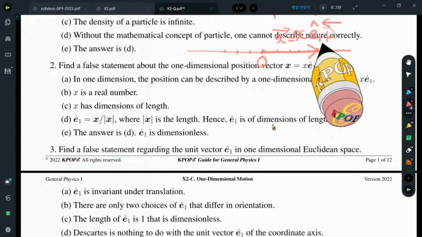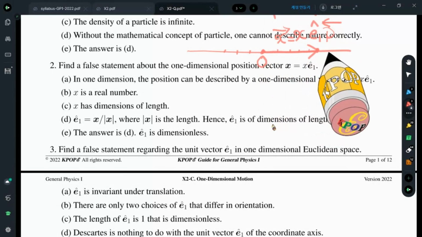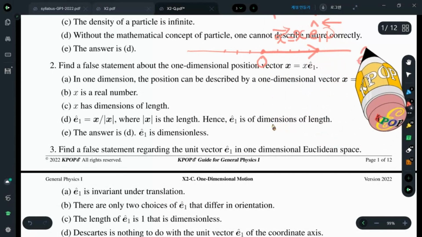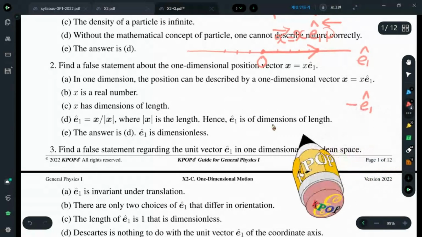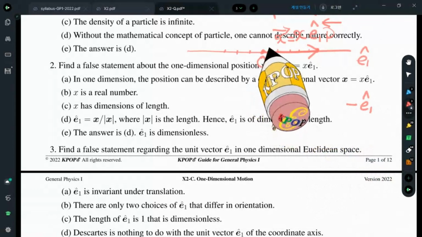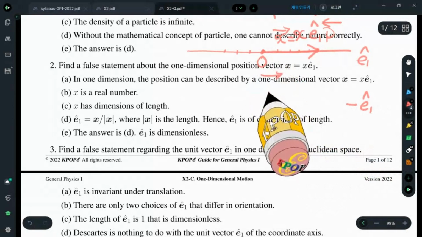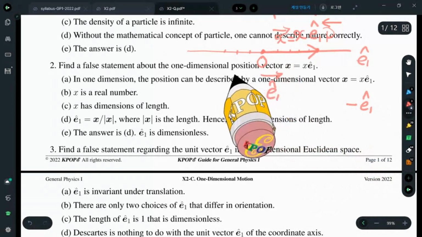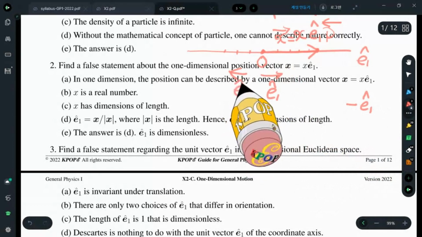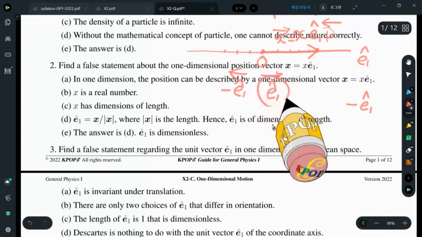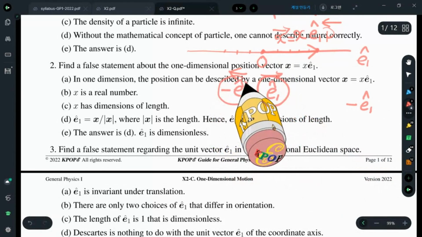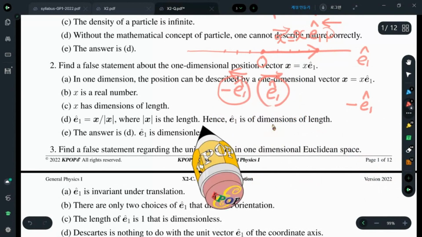But here, we have two directions, either E1 hat or the opposite direction, minus E1 hat. You can choose either this one or this one for convenience.